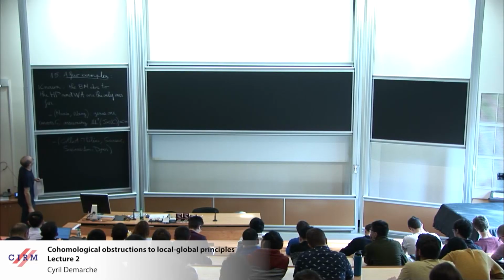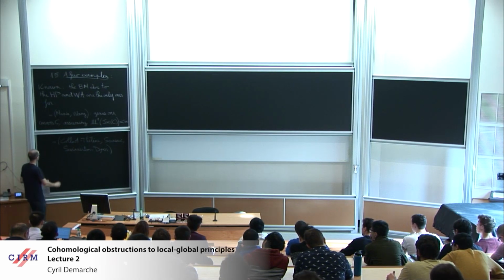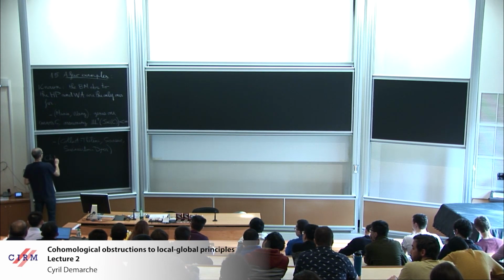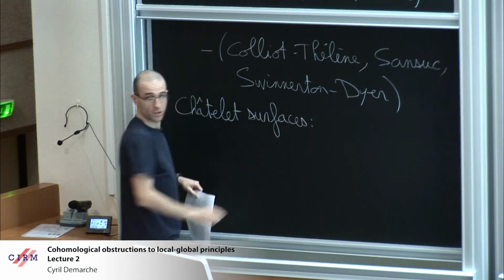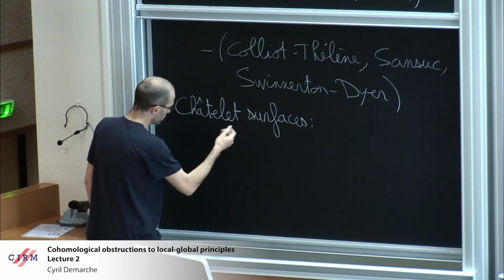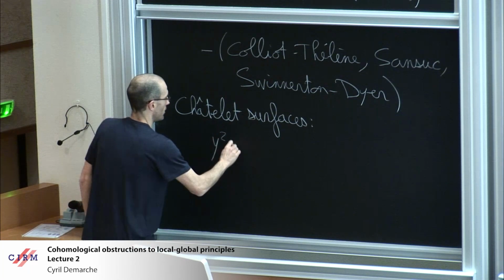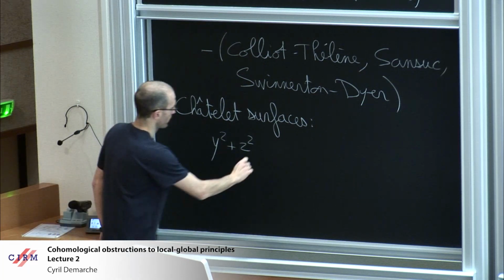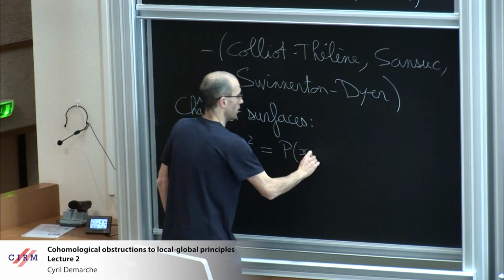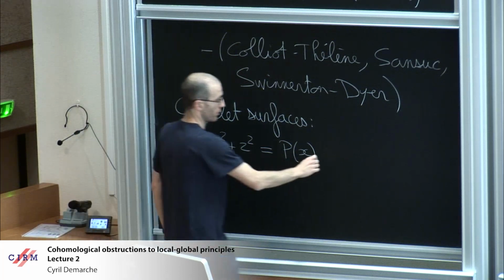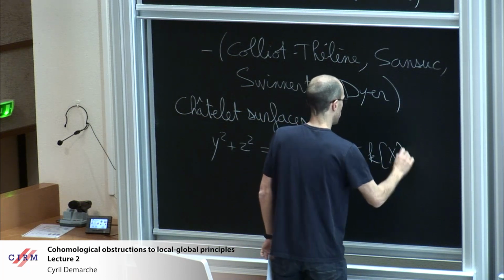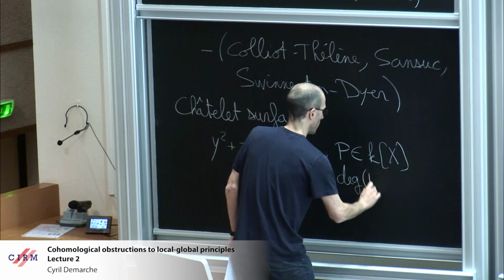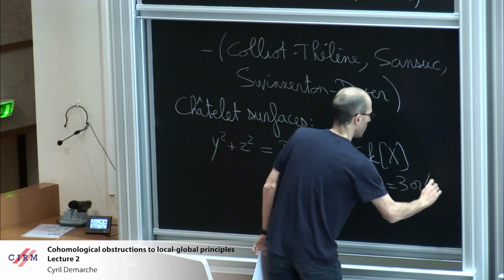And it says that the result is true for so-called Châtelet surfaces, which are smooth projective models of the affine variety defined by the following equation. So you take an equation of this shape, in 3 variables, where P is a polynomial of degree 3 or 4, and say a separable polynomial.